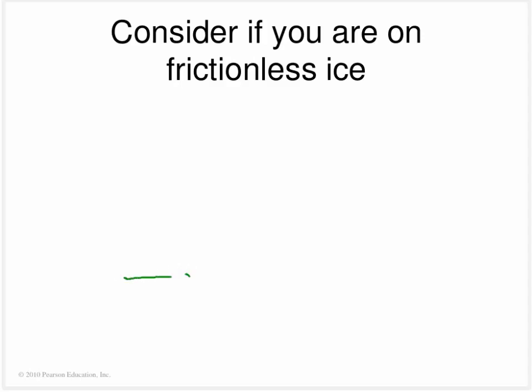So let's consider if you're on perfectly frictionless ice. This is going to be you, and there's absolutely no friction, so as much as you try to put a force on the ice, you simply can't do it. If this was some rough ground, then you could apply a force on the rough ground, and the rough ground could apply a force to you, and you'd be able to move. But that's not the case.